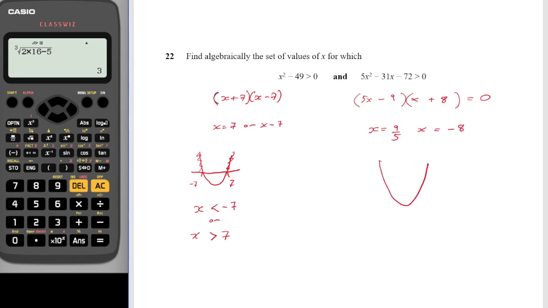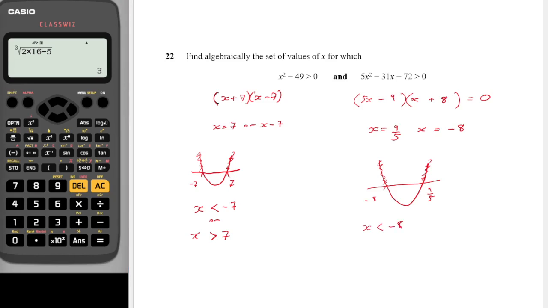And again, likewise, if we plot this, that's giving us two values, minus 8 and 9 over 5. So we want the section where the graph is greater than 0 again. So we're looking at this section here and this section here. So I'm going to say that x has to be less than minus 8.